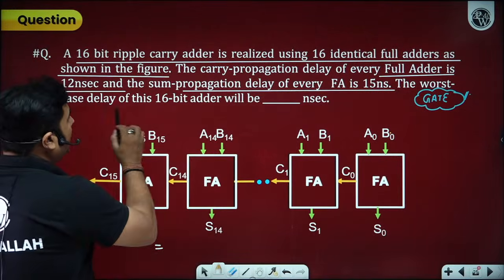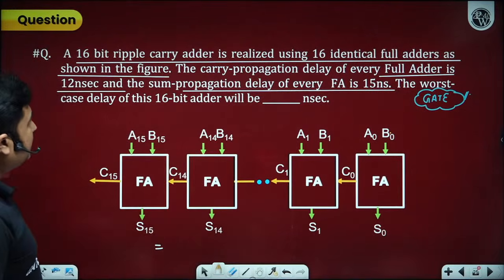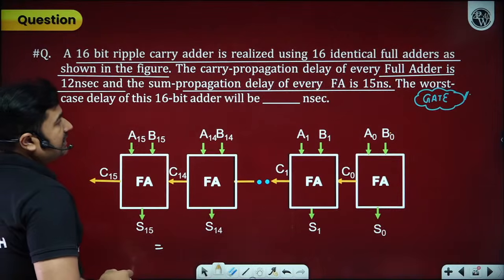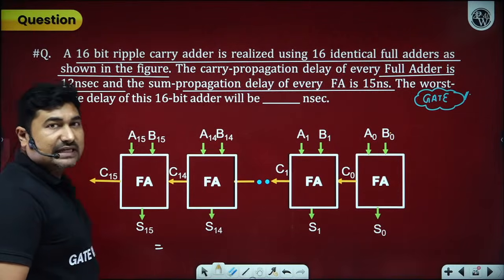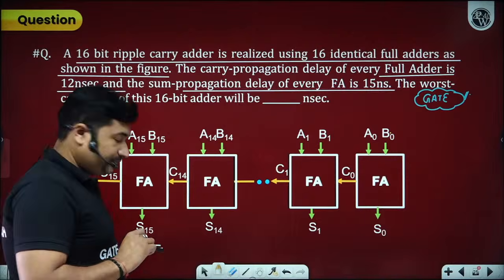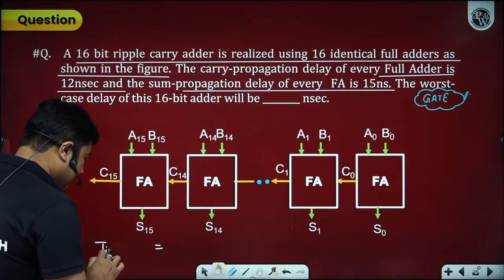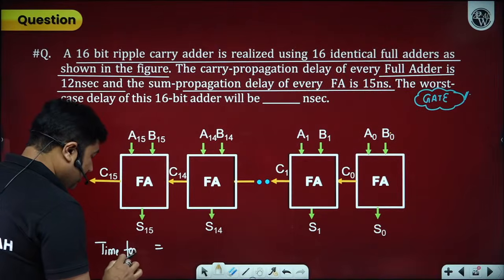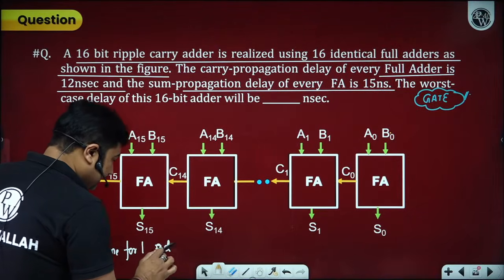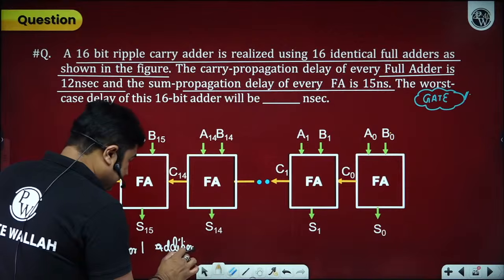We need to find how much time the worst case delay for a 16-bit adder will be. How much time it would take for one addition. Time for one addition, the worst case delay.